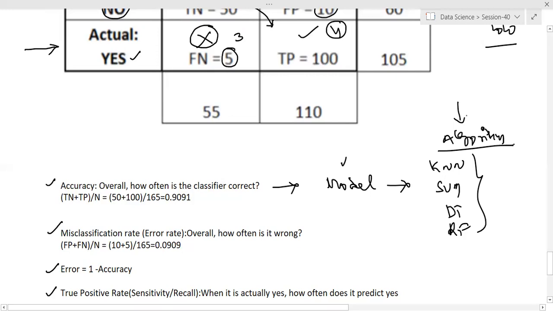So maybe that is simple linear or multiple linear regression, whatever. We make use of the algorithm, and based on that we fine-tune our approach. That is nothing but the model. So we are converting that algorithm into the model by providing the input data and by observing the measures and all those aspects.